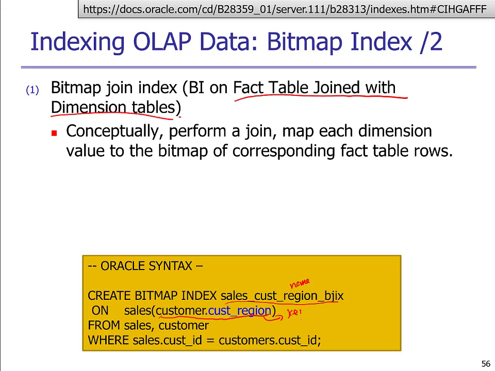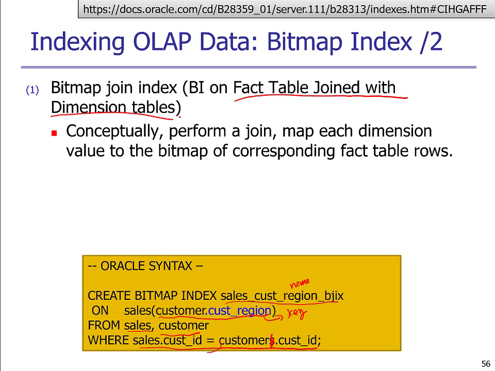It's the column that has few distinct values, right? From sales and customer, here of course sales is the fact table and customer is the dimension table. Then apparently we need to do a join. We join these 2 tables by the customer ID, which is the primary key of the customer, and the foreign key of the sales, right?